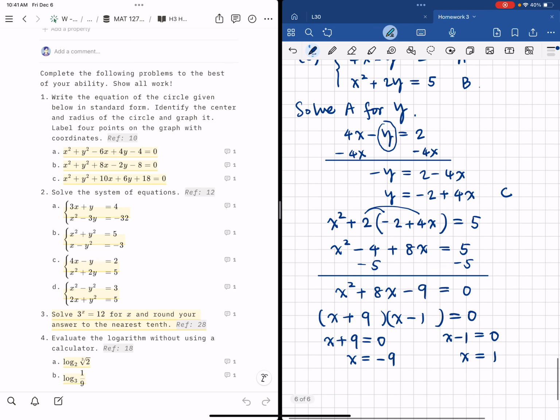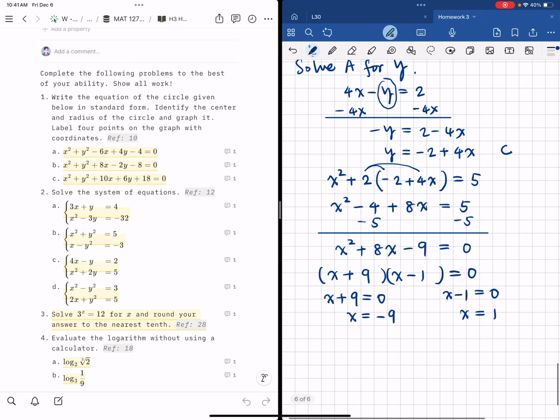To find out y, I'm going to use equation C. Equation C says y equals negative 2 plus 4 times x, and that's negative 9. Let's calculate what that is. It's going to be negative 2 minus 36, and that's negative 38.